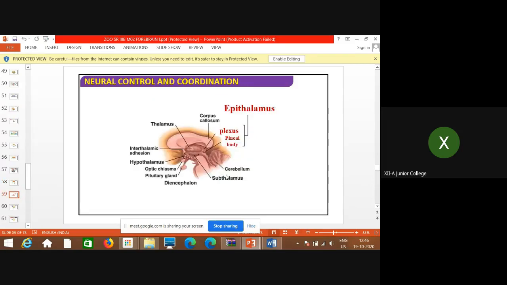Now, if you see the epithalamus here, the structure is made up of the plexus and the pineal body. Here is the thalamus, the upper part, then the lower part is the hypothalamus. Here in the upper region, the epithalamus, there is a very small plexus, the anterior part, and the posterior part is a small bulging structure called the pineal body, also called the pineal gland.